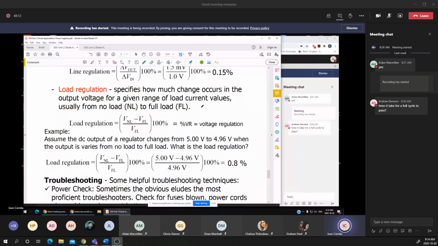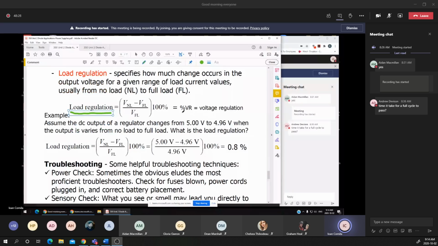The other one, probably more important, and similar to what I'm using, is the load regulation, which is called the voltage regulation in electrical machines. In electrical machines, which we'll discuss next term in ELE350, we'll talk about the voltage regulation, or the percent voltage regulation. The change in the output voltage from the no load to the full load voltage.